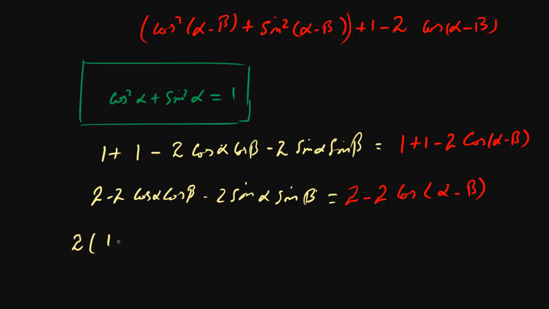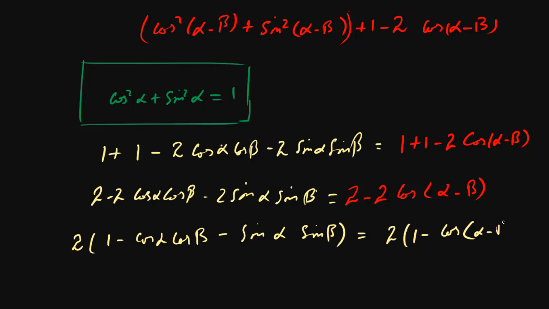Taking common 2, 1 minus, we have here cos of alpha cos of beta and minus sine of alpha and sine of beta, and we are going to take common from there as well 2, and we will get 1 minus cos of alpha minus beta.